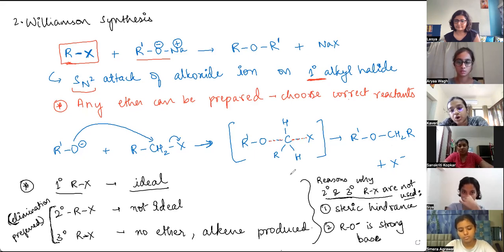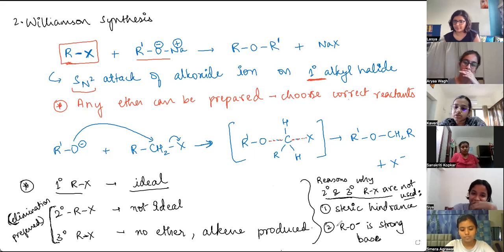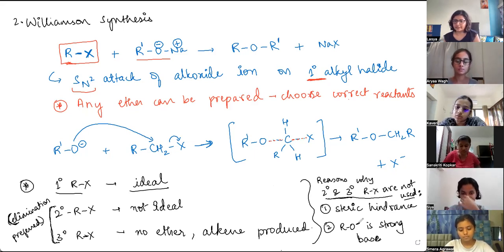But ma'am, for a strong base, elimination can happen with primary also. So there are multiple possibilities, right? RO being a strong base is one thing. It is also a nucleophile because it's got a negative charge and it's attracted to positive charge.